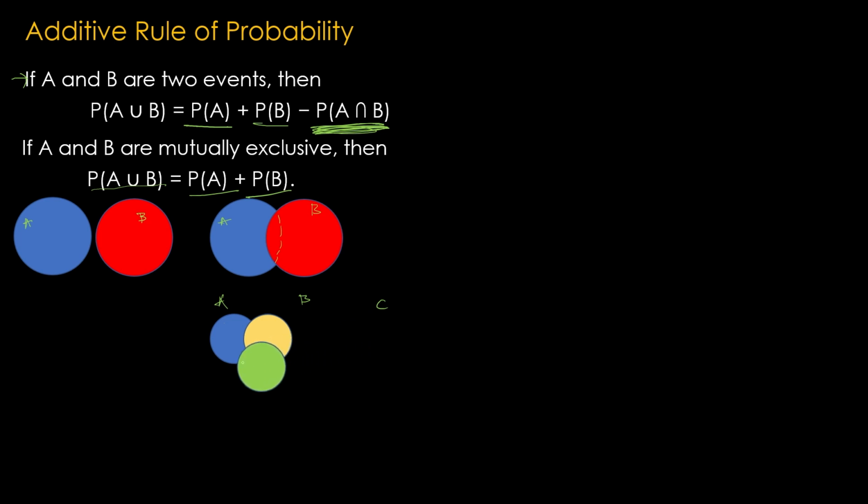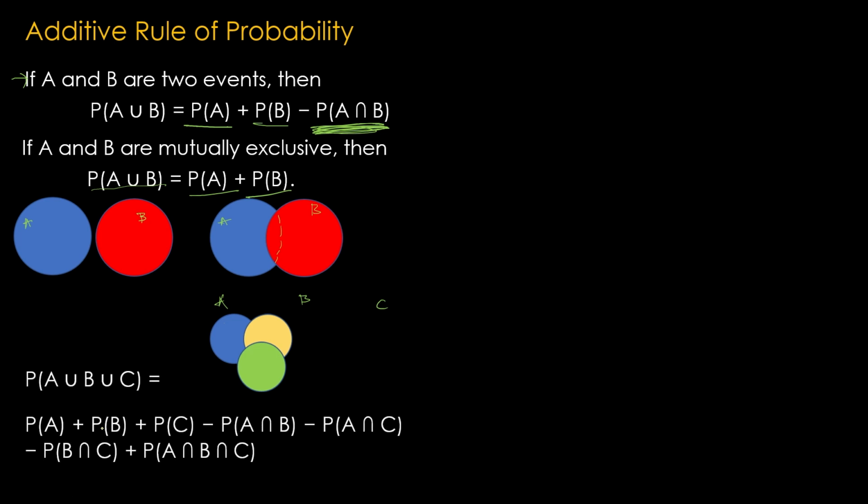So, therefore, the probability is the area. The probability of the union of A, B, and C is the total area shown. Minus the covered areas, so as this one and this one. So, therefore, the probability of the union of A, B, and C provided that A, B, and C have an intersection.